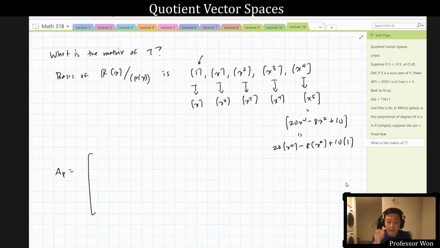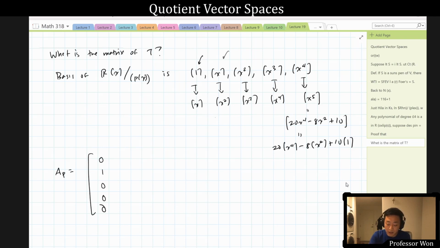What do you get? You get x, which is 0 times 1 plus x plus 0 times x squared plus 0 times x cubed plus 0 times x to the fourth. In other words, with respect to this basis, the first column is this column. Similarly, what happens to the second basis vector?